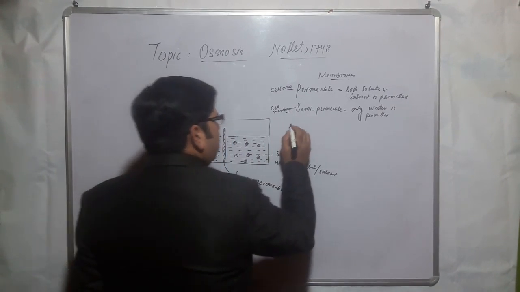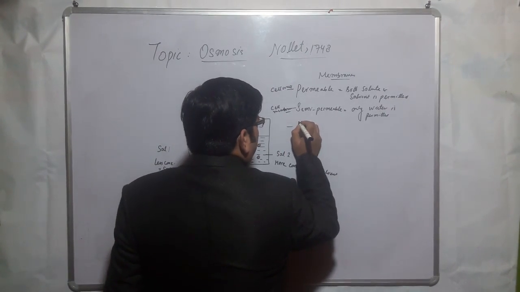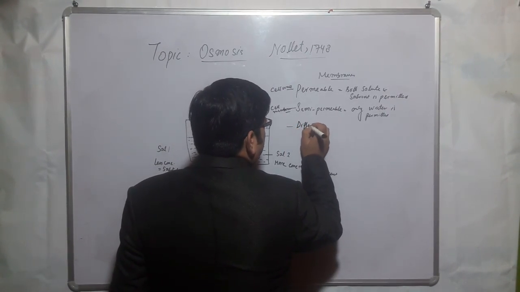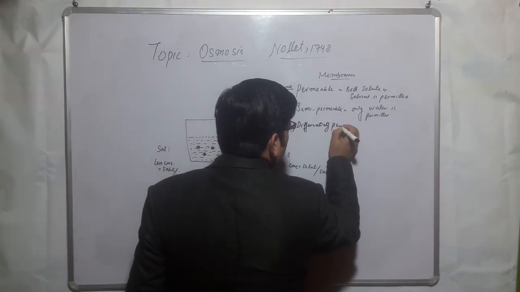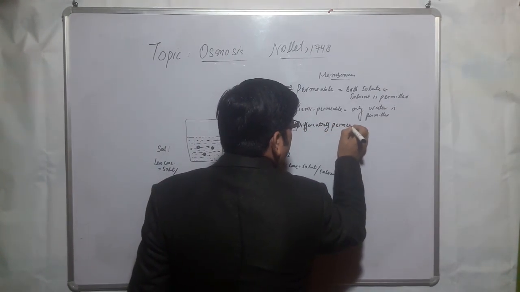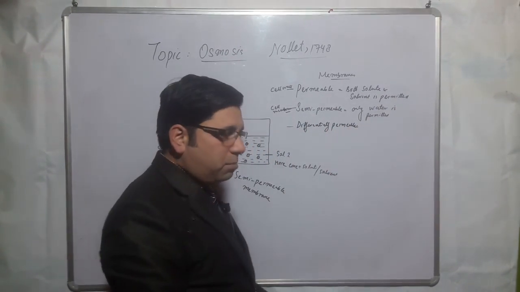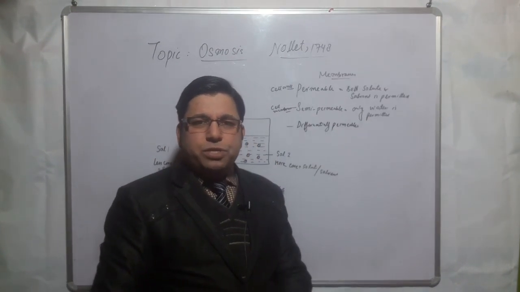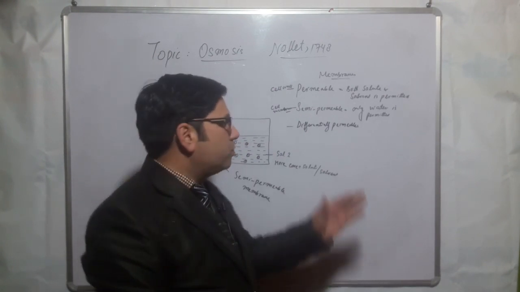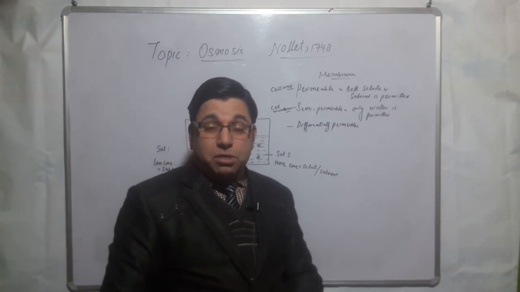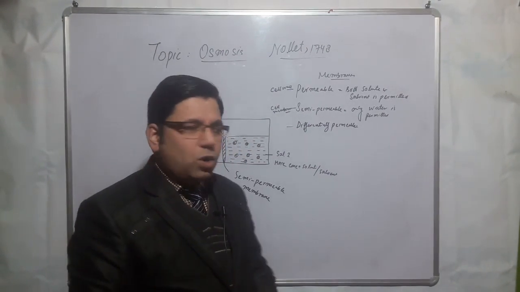Now we have one more term, that is partially or differentially permeable membrane. What is this? A differentially permeable membrane is that membrane which usually permits only water, which is usually a semi-permeable membrane, but sometimes selectively allows some solutes to come in or go outside.